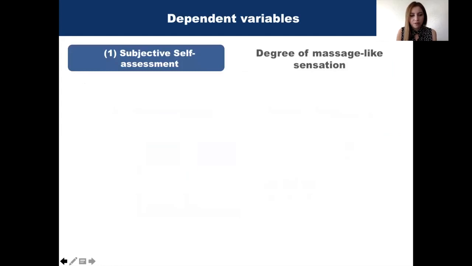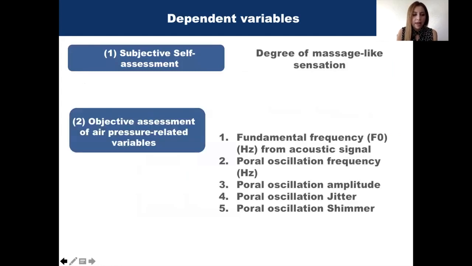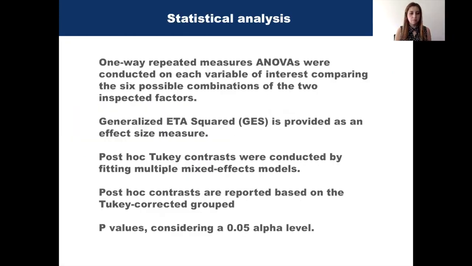The dependent variable from the first section was only the degree of massage-like sensation, and the dependent variables from the second section were fundamental frequency, oral pressure oscillation frequency, oral pressure oscillation amplitude, oral pressure oscillation jitter, and oral pressure oscillation shimmer.